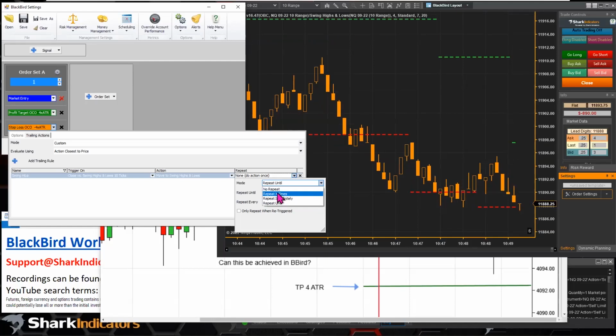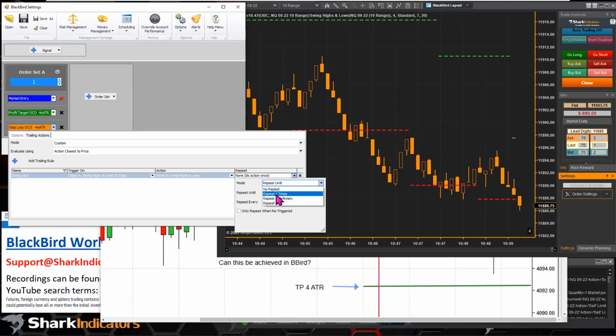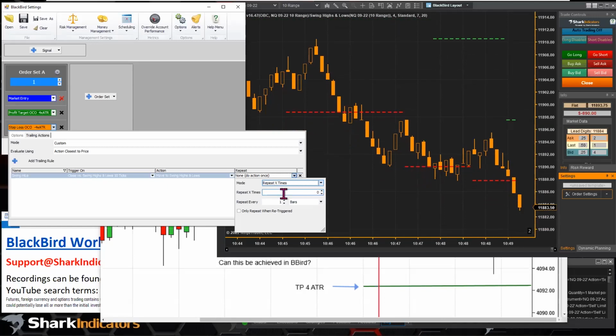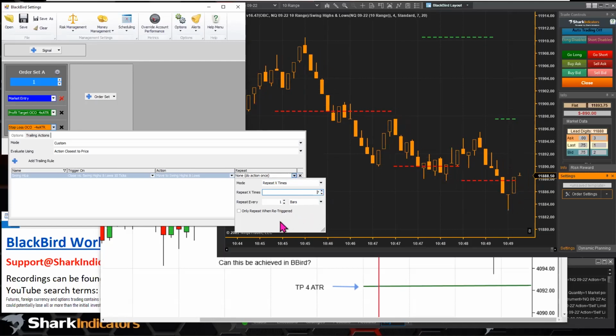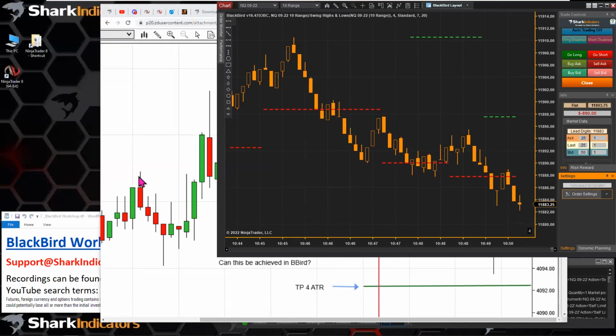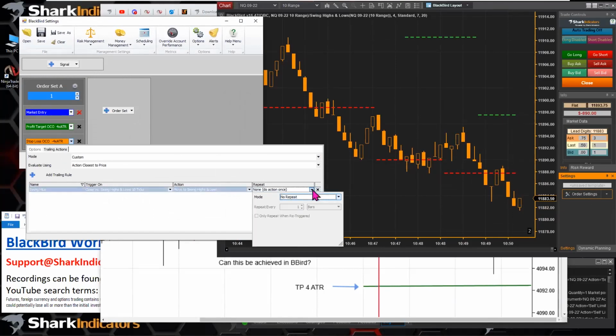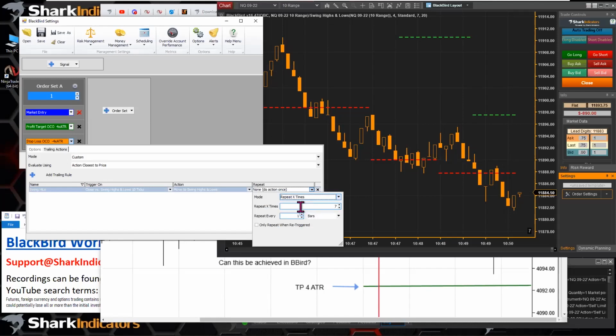If you go in and set up any of these repeats, BlackBird's going to remember the settings. Like if I go into repeat X times and set it to 7, and then set it to no repeat and close this out, then open my stop loss back up, go into the repeat and set it to X times, you can see it remembers that I set the repeat to 7.